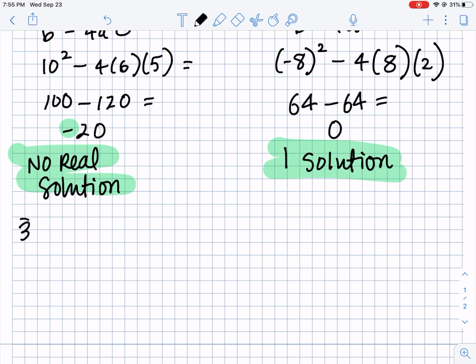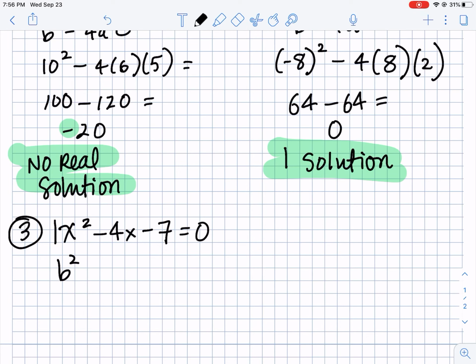Okay, let's see if our third situation is one where we have 2 intercepts, because there's 3 and 3, maybe. x squared minus 4x minus 7. Aren't you so tempted right now to solve this by completing the square? It's the best. But we're not going to. We are going to use the discriminant to tell us how many solutions there are. So in this case, a is 1.